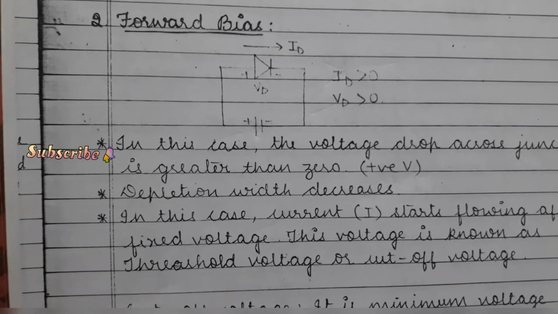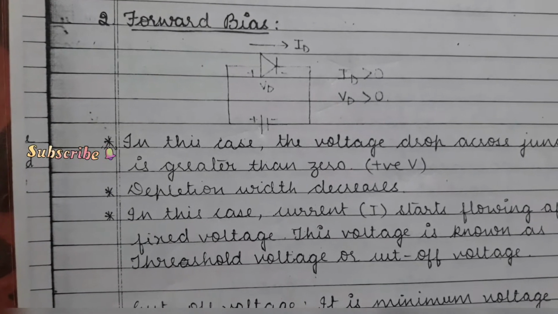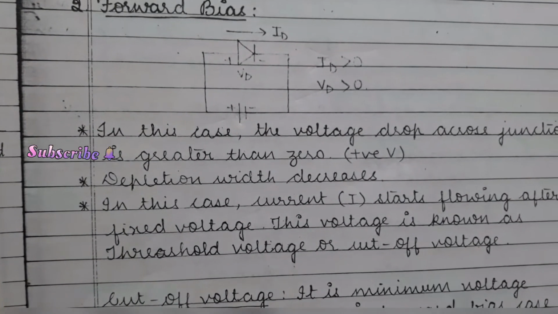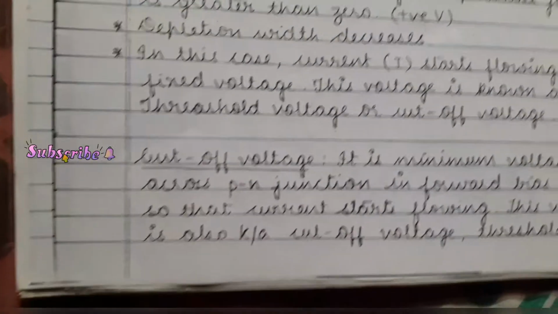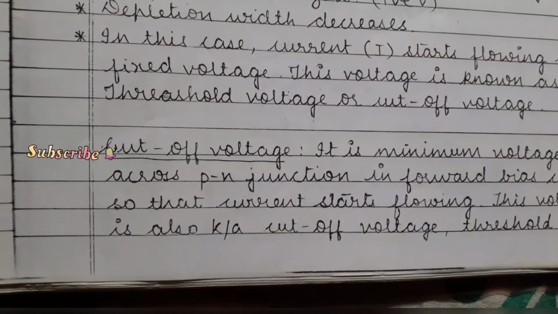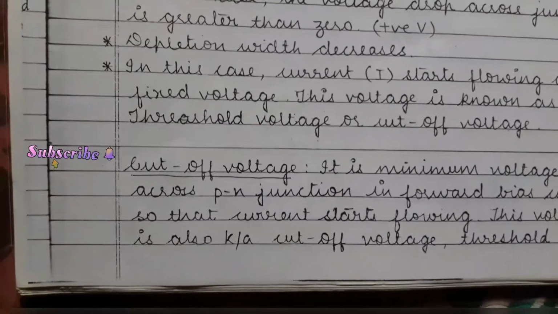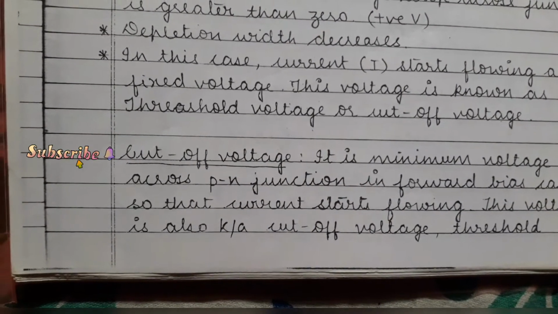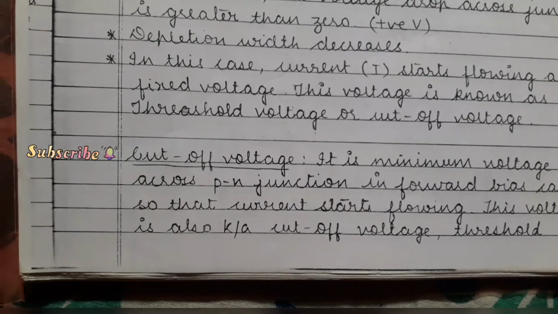The threshold voltage is the voltage at which the circuit starts to conduct and current starts flowing. The cutoff voltage is the minimum voltage across the p-n junction in forward bias so that current starts flowing.